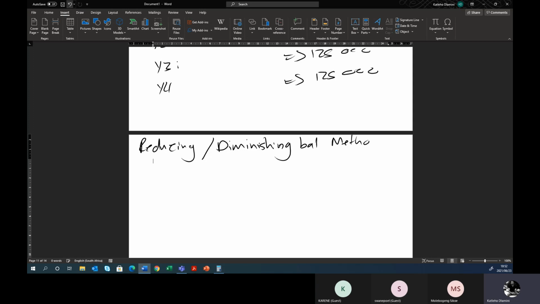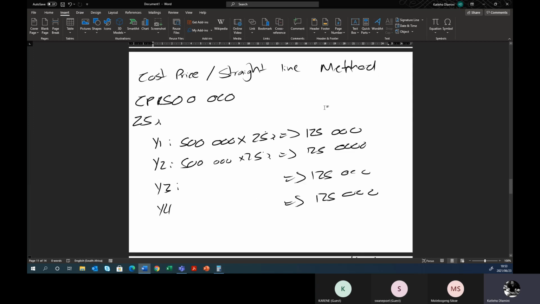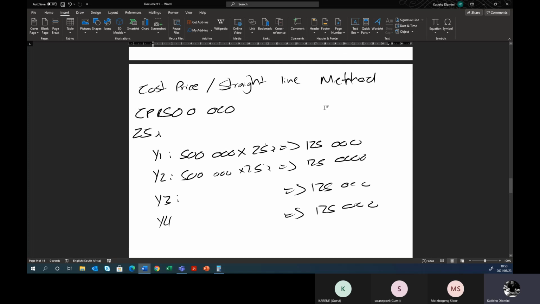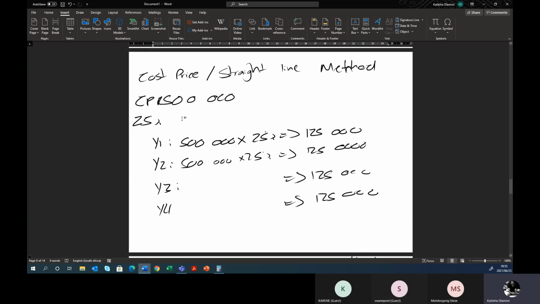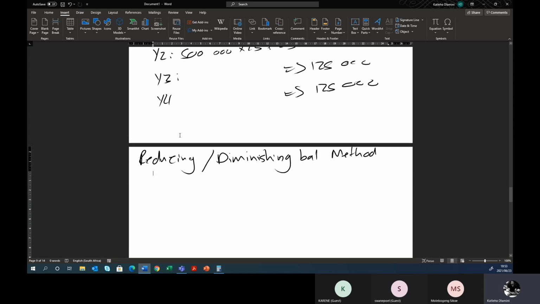So the straight line method or the cost price method, that's your depreciation calculated on cost price, right? It's calculated on cost. With reducing balance, it is calculated on carrying value.